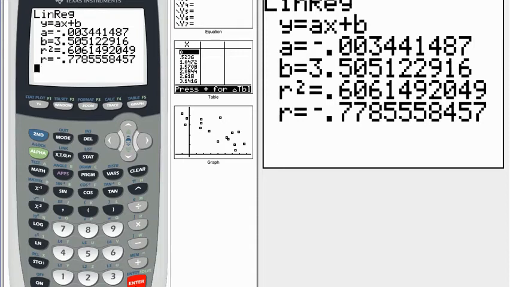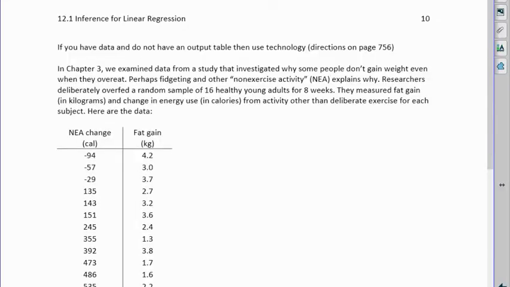Now I can put in my slope, which is negative 0.003441487, and my y-intercept 3.5051222916.